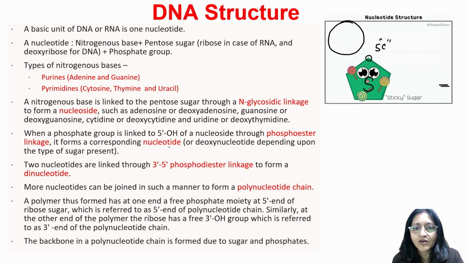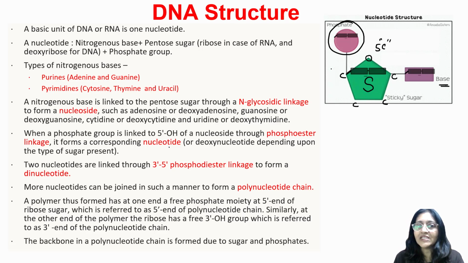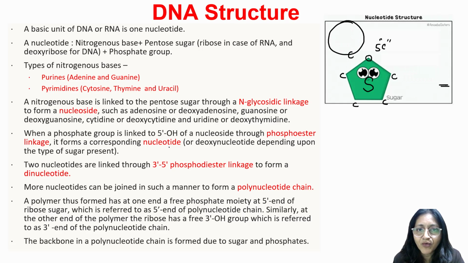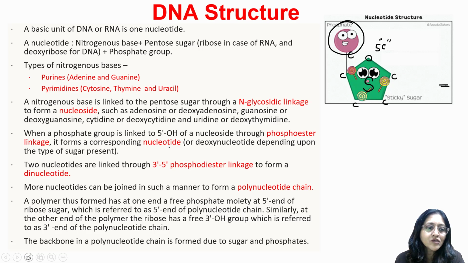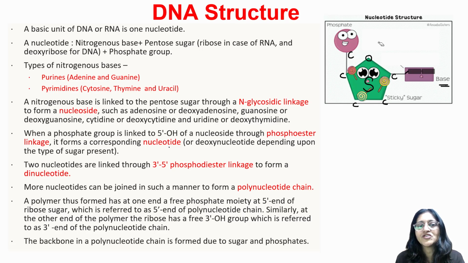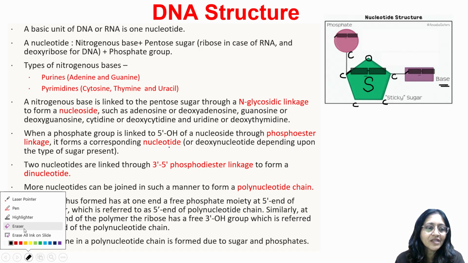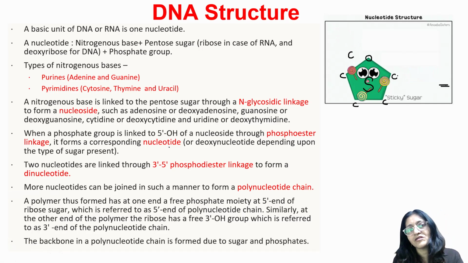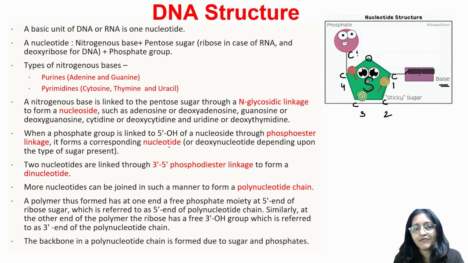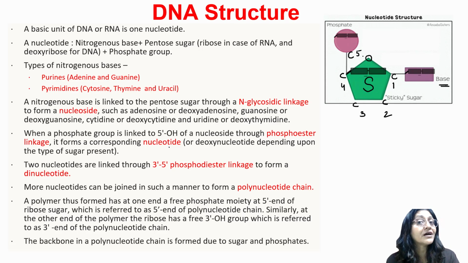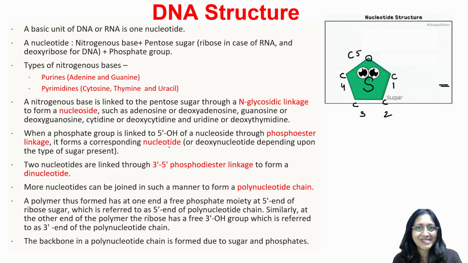So you have one oxygen here, then you have carbons at the edges, and here you have one more carbon, isn't it? Now when you have 5 carbons in the 5-carbon sugar, you can give them numbers on the basis of this. So 1, 2, 3, 4, and the fifth one. The fifth carbon will be the one which is hanging outside.